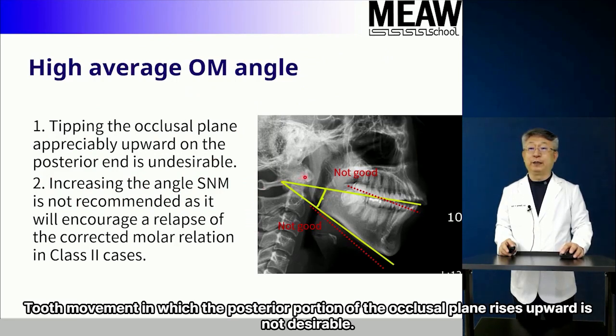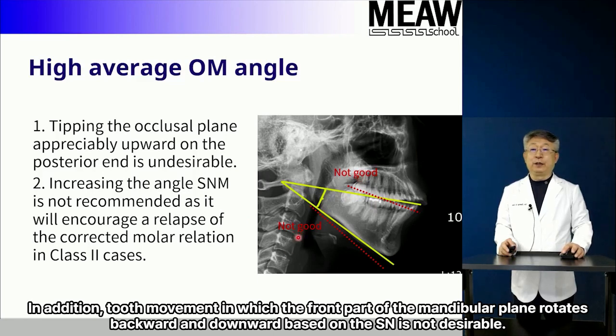Tooth movement in which the posterior portion of the occlusal plane rises upward is not desirable. In addition, tooth movement in which the front part of the mandibular plane rotates backward and downward, based on the SN, is not desirable.